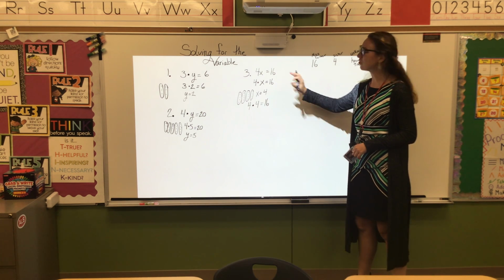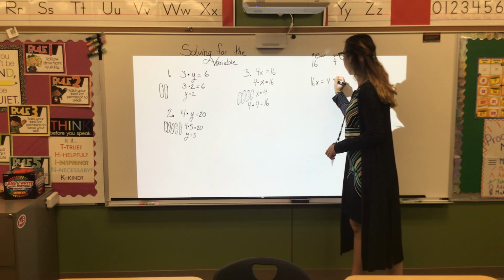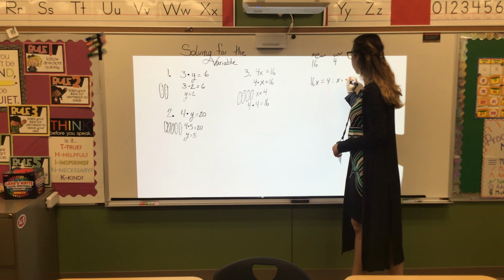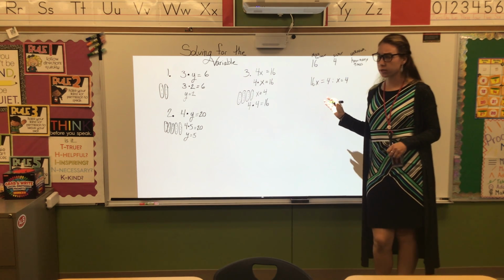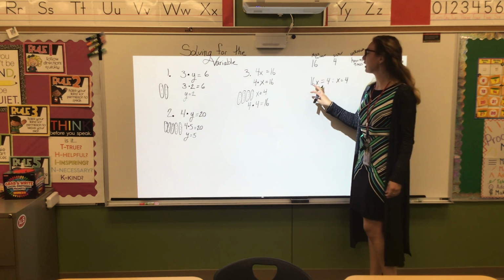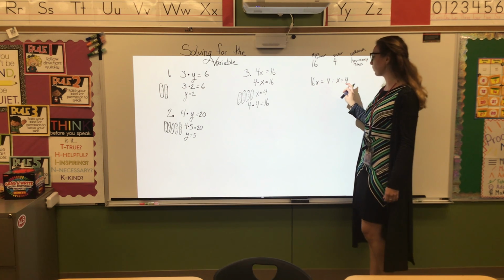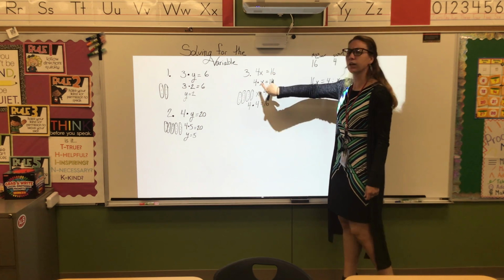A lot of you answered me like this. You have all the right numbers, but totally in the wrong order, all right? You guys said 16x equals 4 if x equals 4. Well, we found out that x equaled 4 over here.